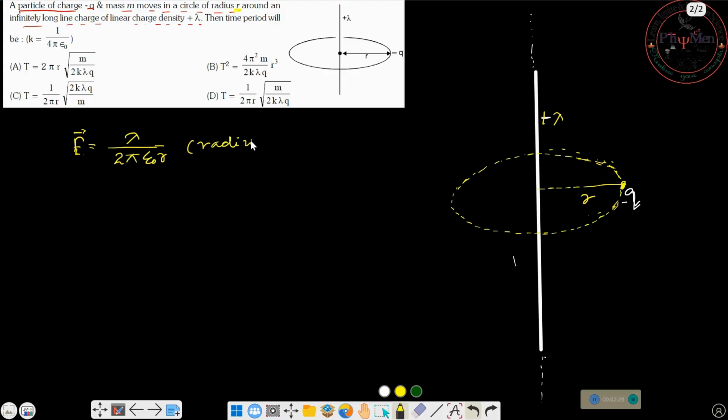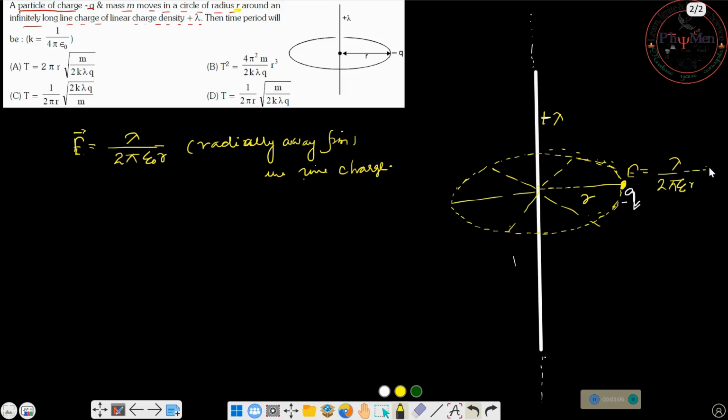Okay, it is radially outward, away from the line charge. At all the points the electric field is lambda by 2 pi epsilon naught r along this direction.